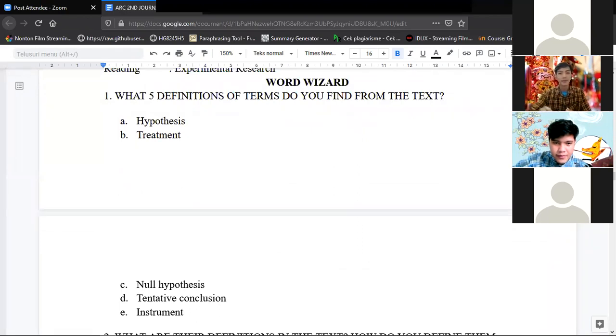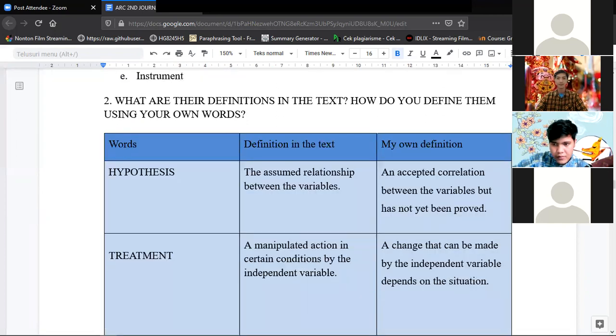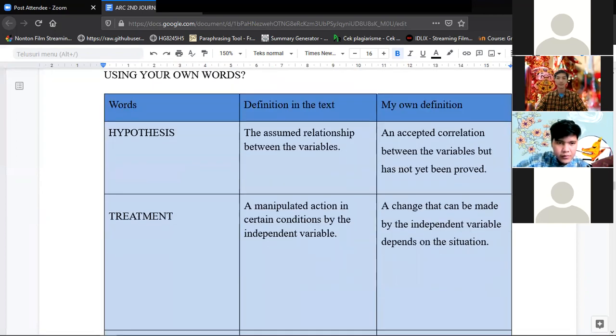Okay, thank you, Nelty. So I'm a word wizard, and the first question is, what 5 definitions of terms do you find from the text? So I find hypothesis, and then treatment, and then null hypothesis, and tentative conclusion. And the last is instrument.